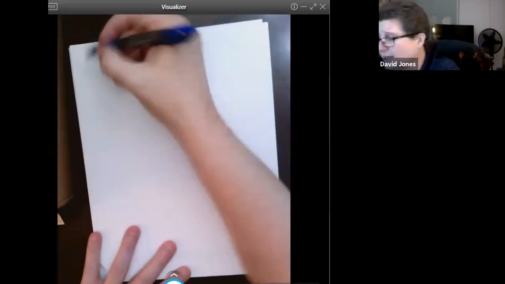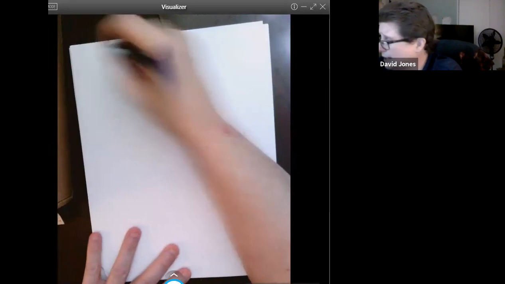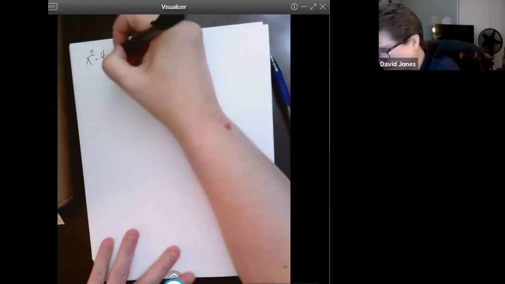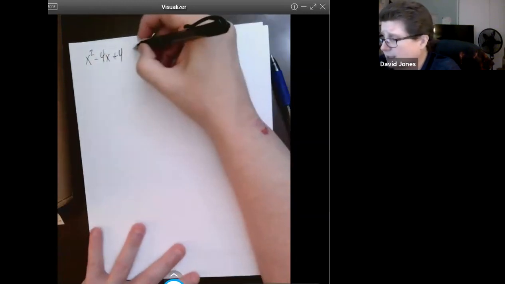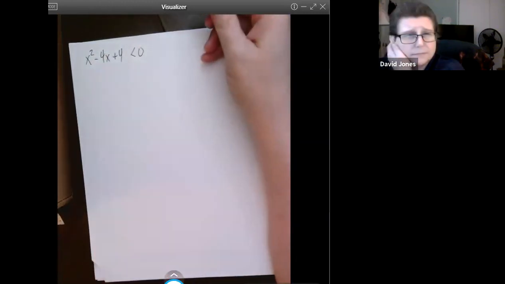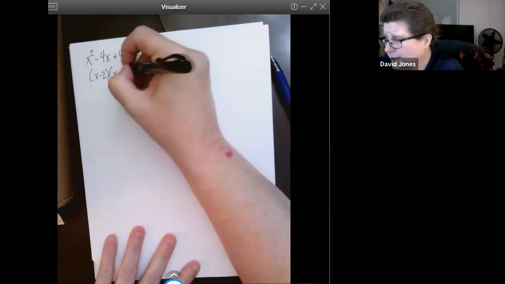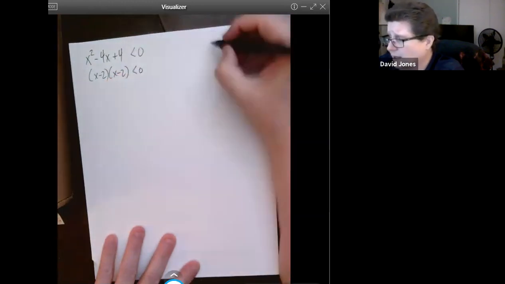Let's say I've got x squared minus 4x plus 4 is less than 0. If I factor this, this is x minus 2 times x minus 2 is less than 0.